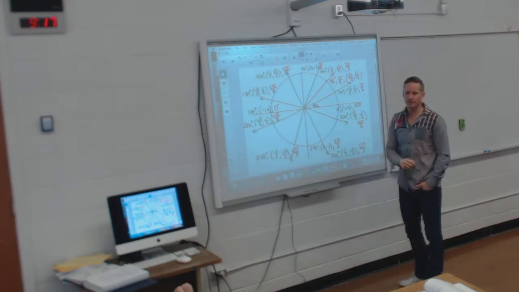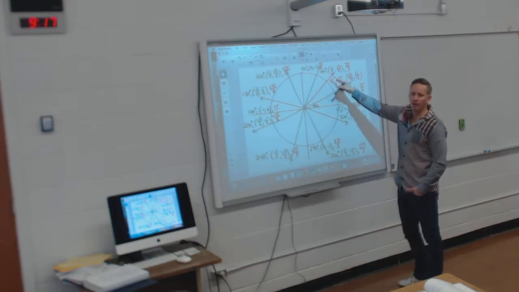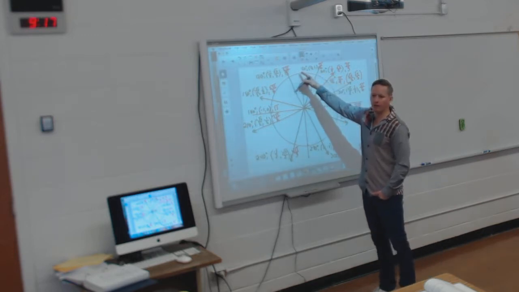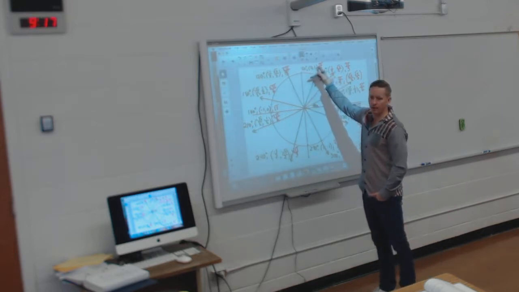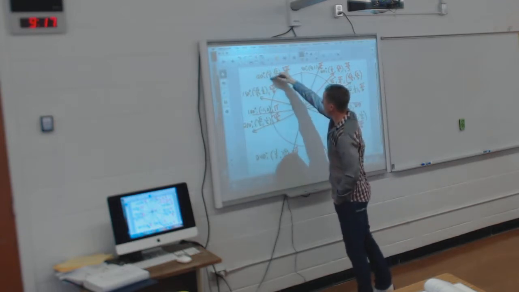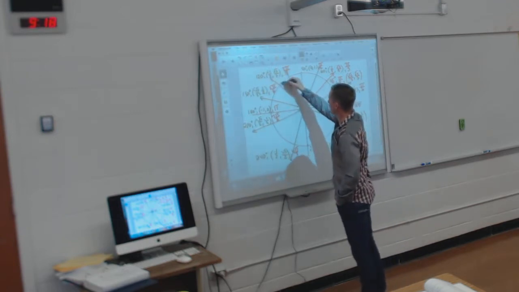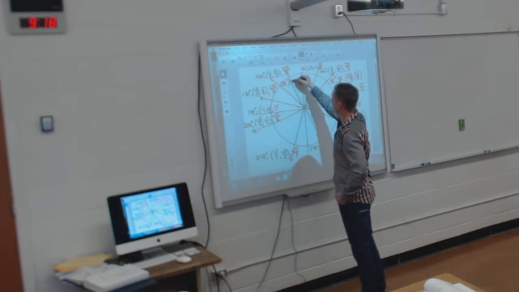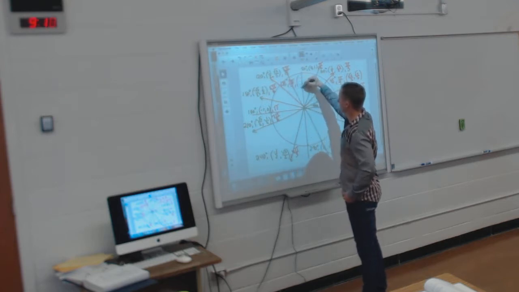So far so good? 1 pi over 4. 2 pi over 4, which is pi over 2. 3 pi over 4. So I've got 135 degrees, 3 pi over 4, and negative root 2 over 2, and root 2 over 2.